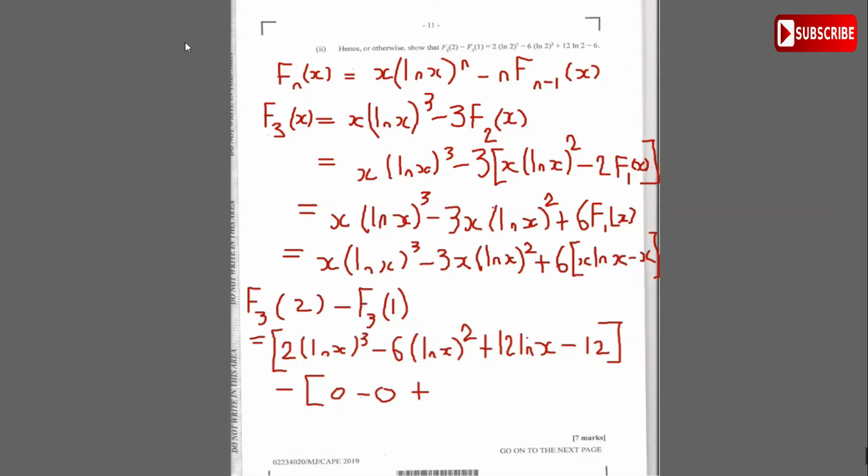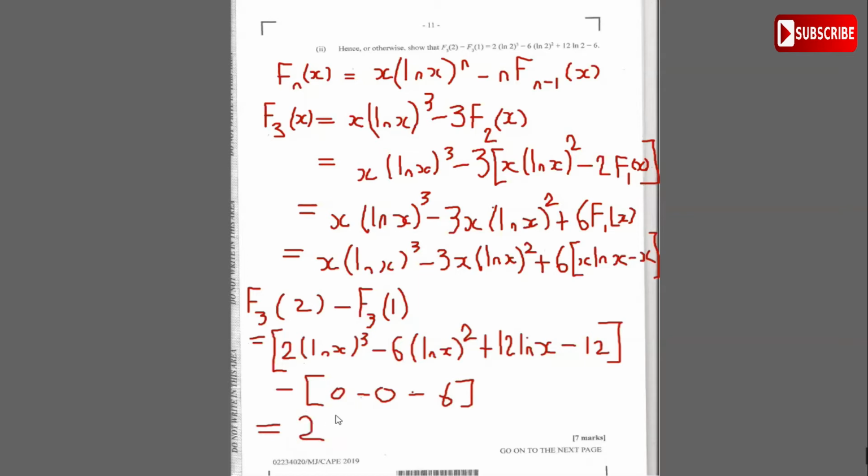So that part becomes minus 6. Now you may proceed, and minus 12 minus minus 6 is just minus 6.